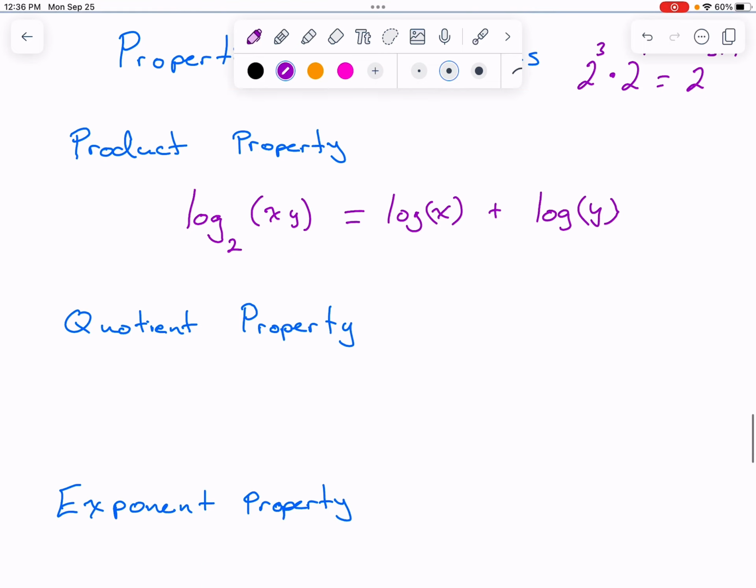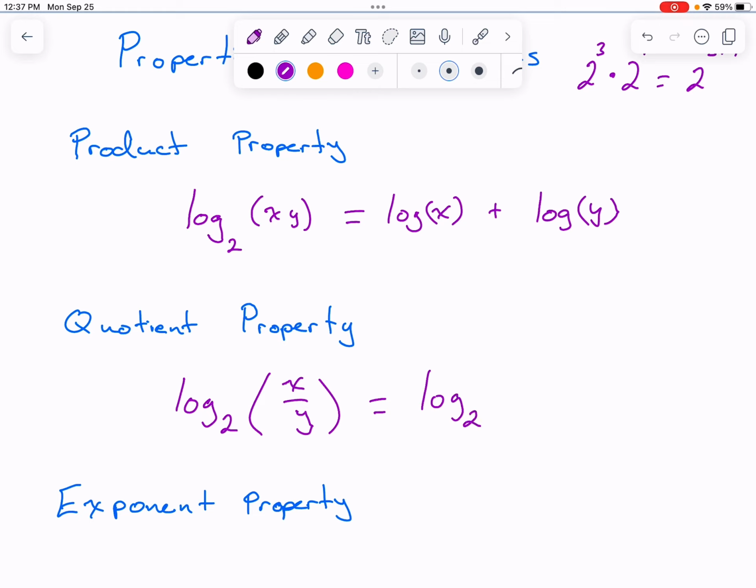The next property is the quotient property, and quotient means to divide. A logarithm where we have a division going on inside can be split up into two logs, one for each variable that's being divided in this case.